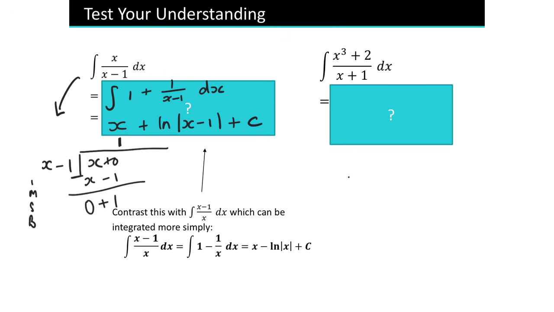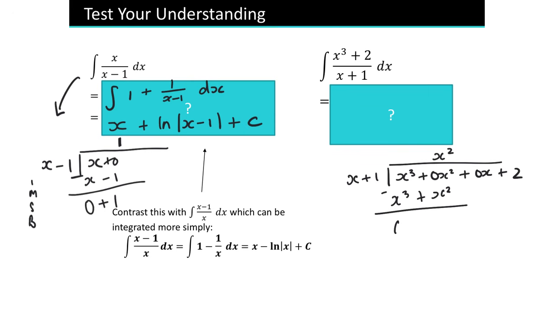For the second one, we're going to divide again. So we're going to have x plus 1 into, now remember when we divide it's x cubed plus 0x squared plus 0x plus 2. Do we remember that? So multiply x into x cubed is x squared. Multiply, so we're going to get x cubed plus x squared. Take away 0. 0 minus x squared is minus x squared. Bring down.